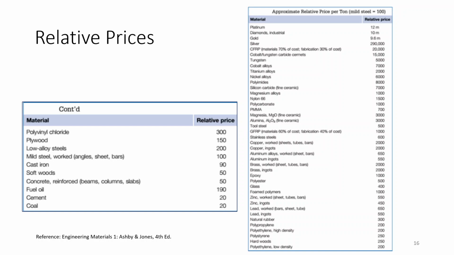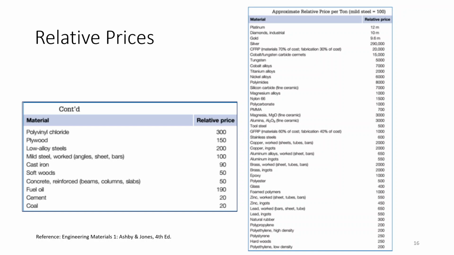And mild steel is kept at 100. Cast iron is cheaper than that, around 90. Soft goods will be 50, and coal will be cheaper, around 20, and similar to cement. Then in case of platinum and diamond, these are in millions, so it's 12 million.